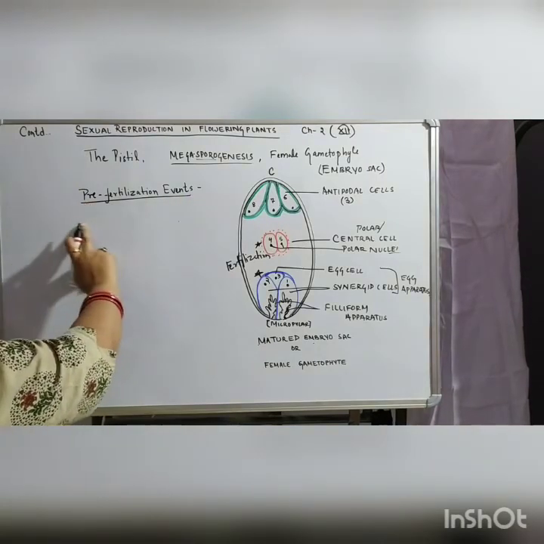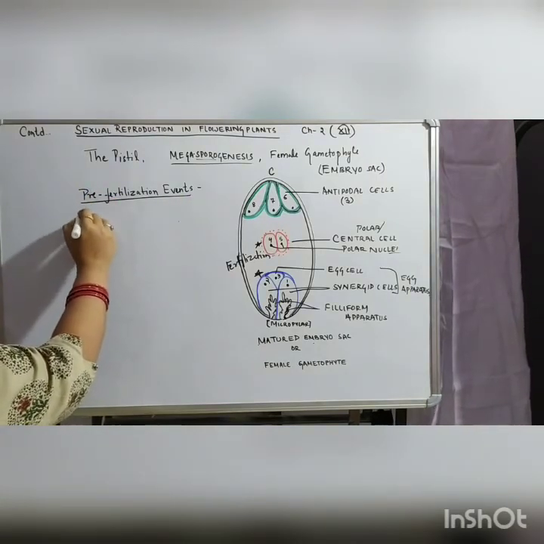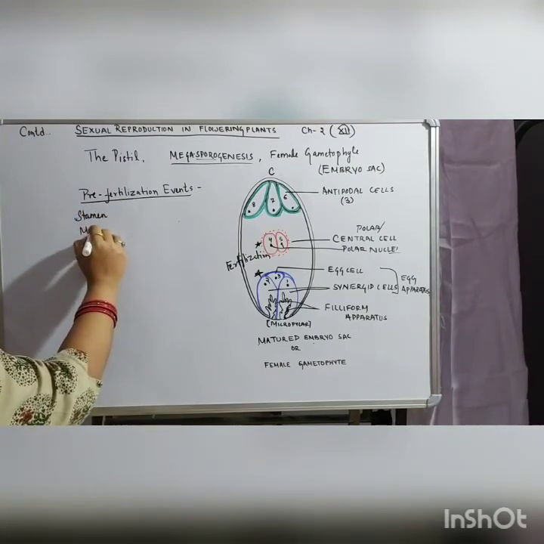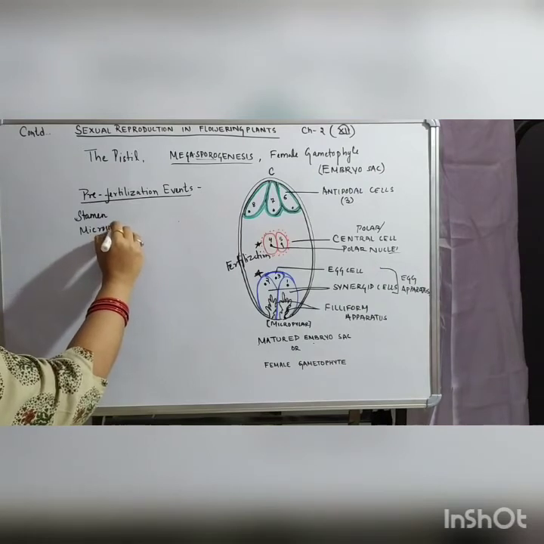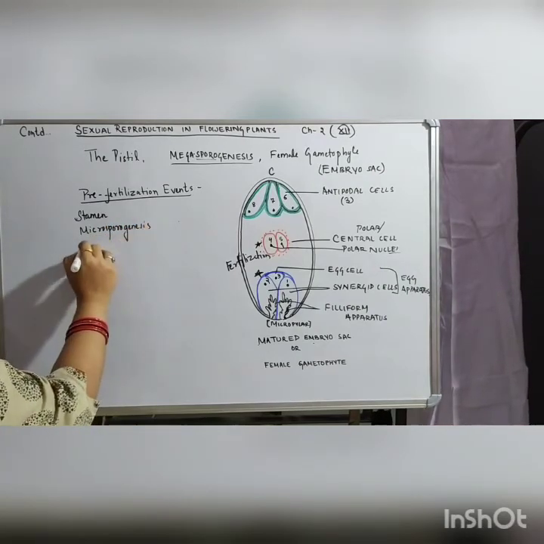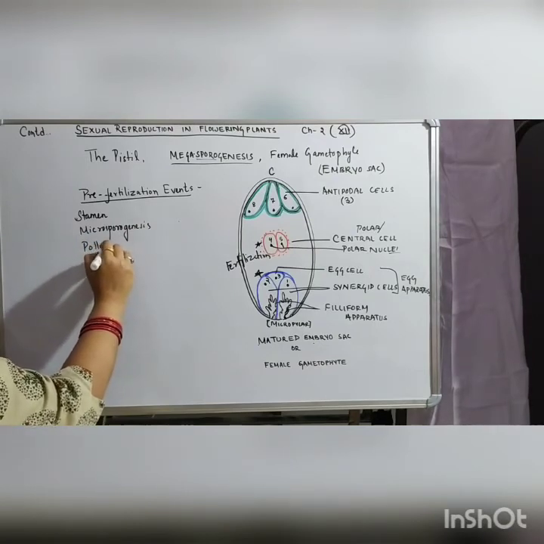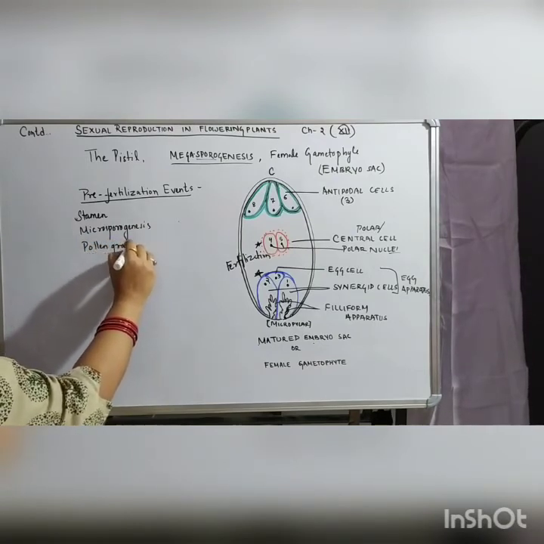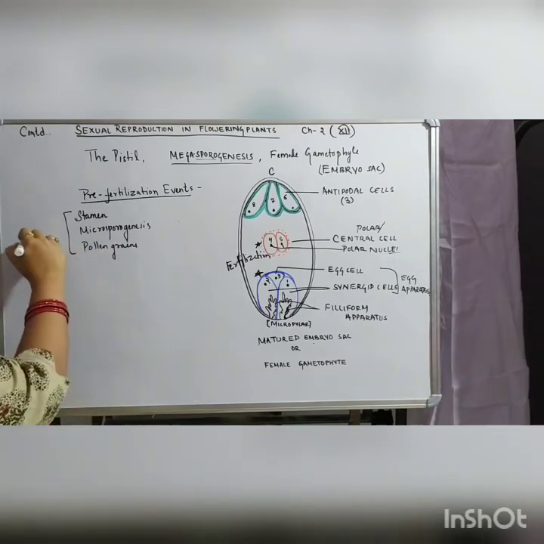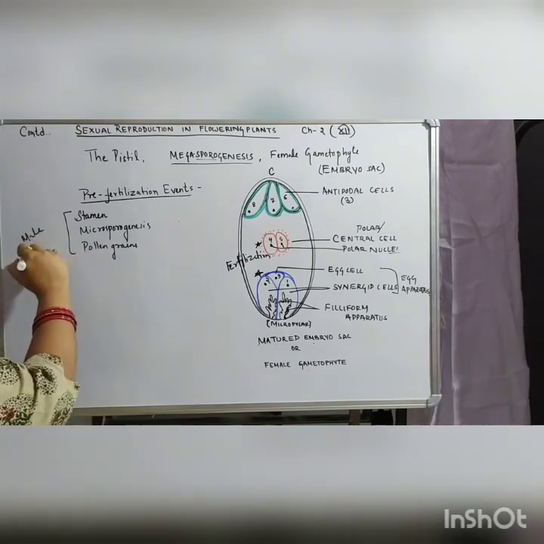In pre-fertilization events, we started with first stamen, microsporogenesis and pollen grains. So this was the complete development of male gametophyte.